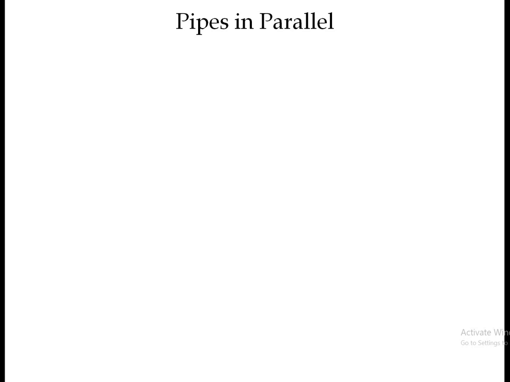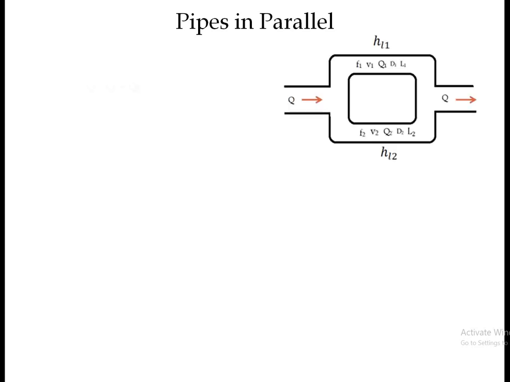Now we'll go for pipes in parallel. This is the case when the main pipeline is divided into two or more pipelines which again join together downstream. Here the main pipeline is divided into two pipelines, joined again downstream, and continues as a main pipeline. That kind of arrangement of pipes is nothing but pipes in parallel.